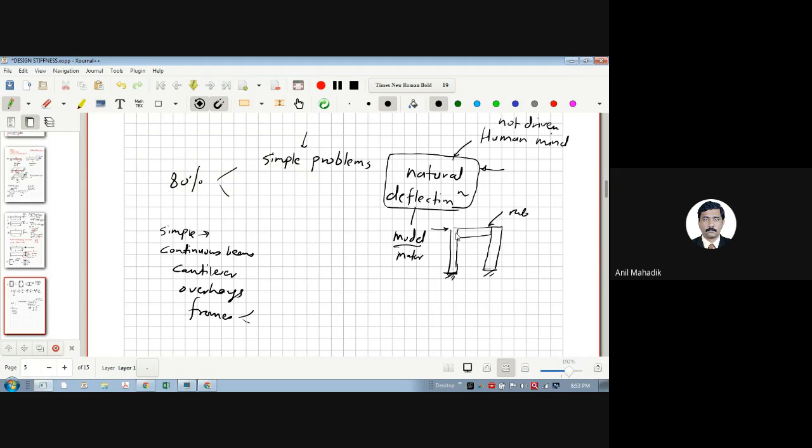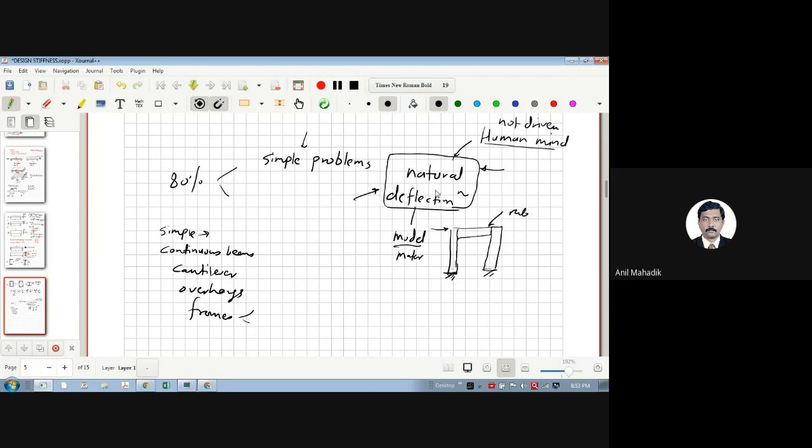Software training is not yet done. You can try in software, and then look at that deflected shape and try to convince yourself of that shape, because this is natural, we cannot interfere. You can just apply judgment by looking at it. That is the only way in frames or whatever complex structures are there.